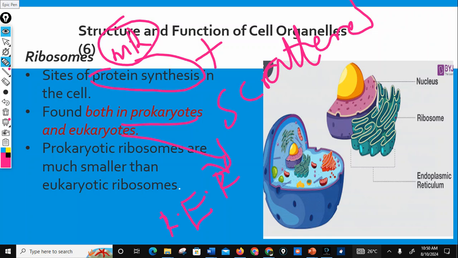You're also going to see it around the nuclear membrane, because of course it comes out through the nuclear pore.